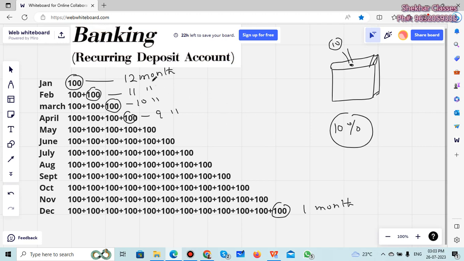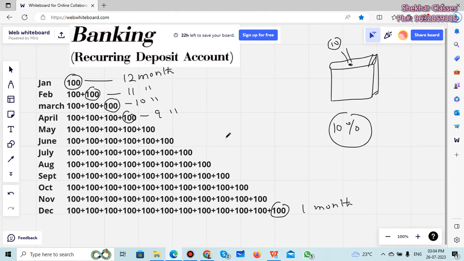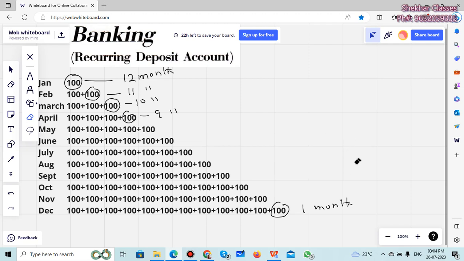Okay. So for this 100 rupees you will get 12 months, for another 100 rupees 11 months, then 10 months, 9 months. So let's calculate here. If I calculate this 100 rupees, I got the interest for how much?